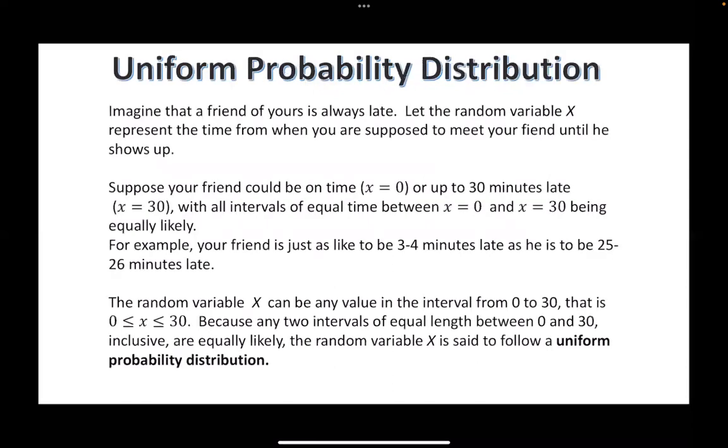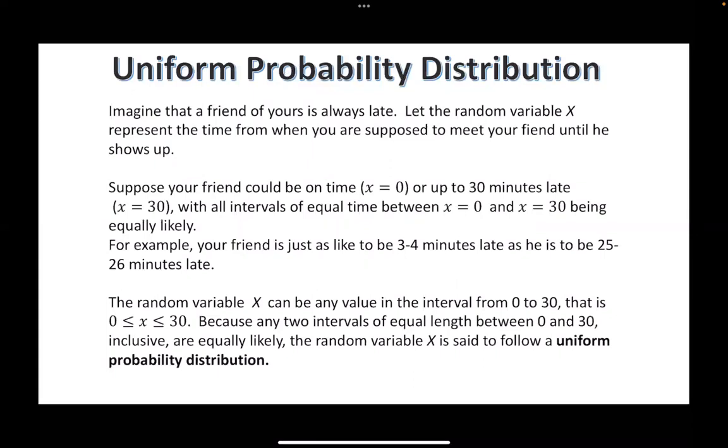So this is a whole lot of words. Basically, this is an example. A uniform probability distribution is when any outcome has the same probability. So we have a friend, and they can be either on time or up to 30 minutes late, and any time in between.